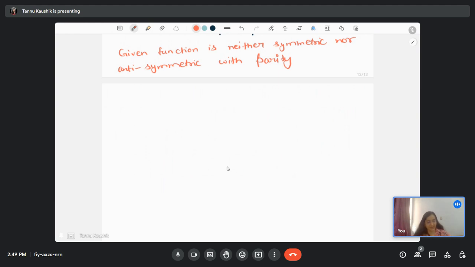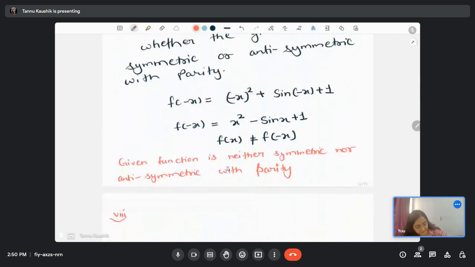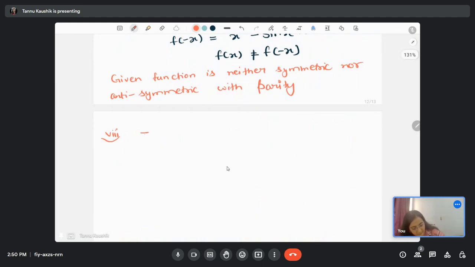So now let us check a few examples where we will be taking some functions and different operators, and we will find out whether the given transition dipole moment integral will be 0 or not. So this is the momentum operator.